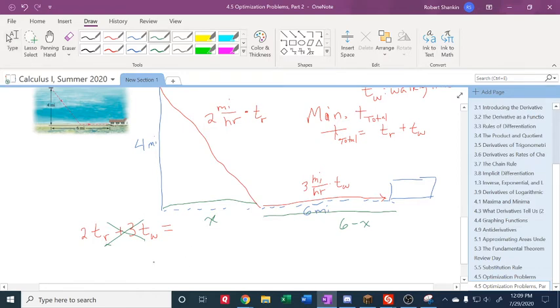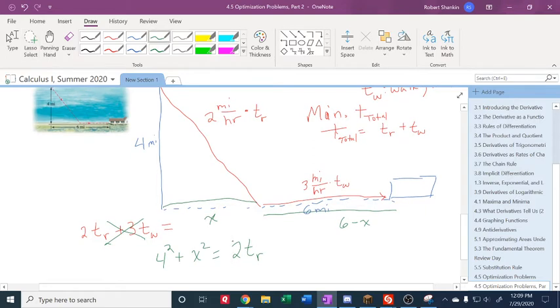The x, 4 squared plus x squared equals the hypotenuse squared, 2 times the time rowing squared. So this becomes x squared equals 4 time rowing squared minus 16.